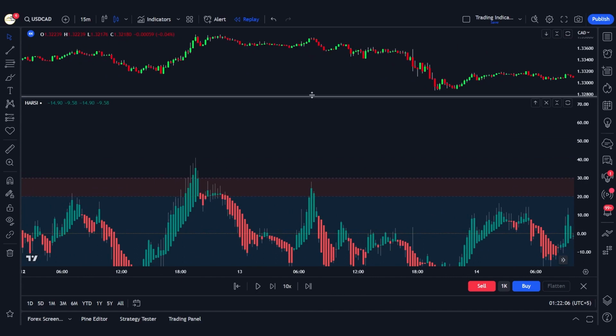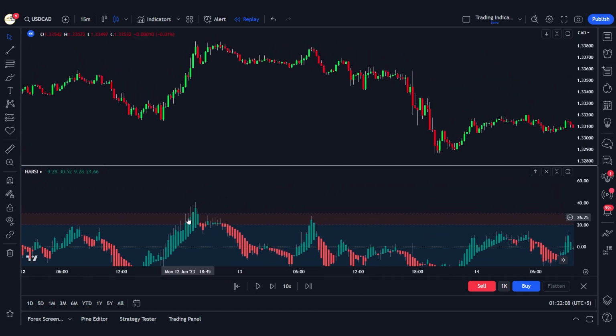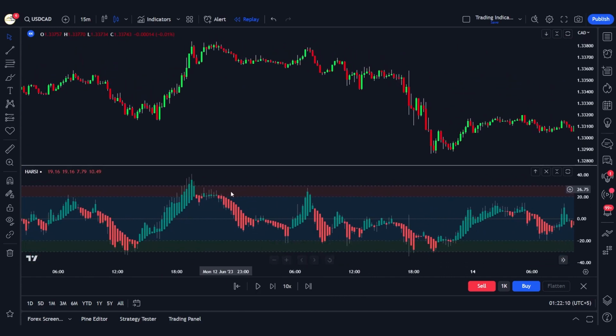Now the way this Heiken Ashi is working, as you can see here, there are the overbought and oversold conditions, and this is just working like the RSI normally would. So the upper red here is the overbought area, and this green here down below the candles is the oversold area.